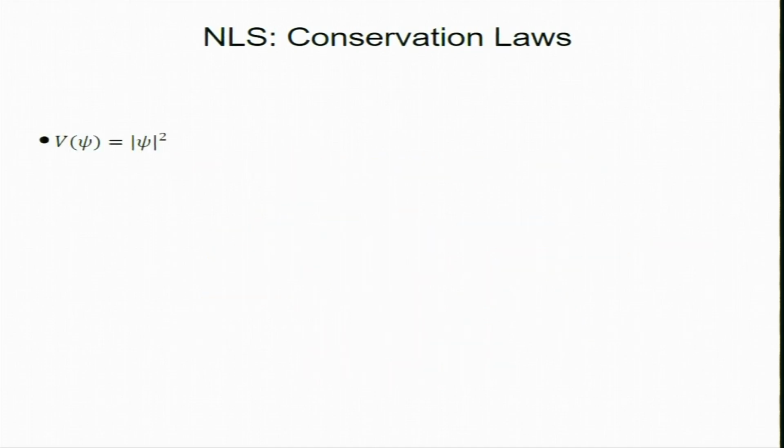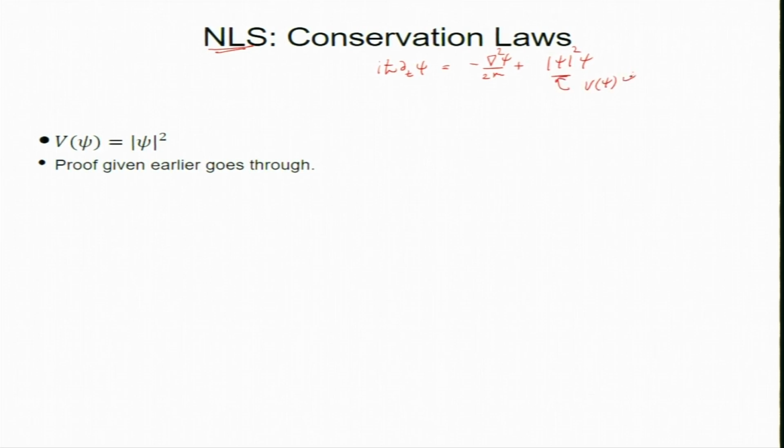So this is called the nonlinear Schrodinger equation, which we use for superconductors and superfluids. It is the same equation plus this quantity. This nonlinear term we write as V psi times psi.